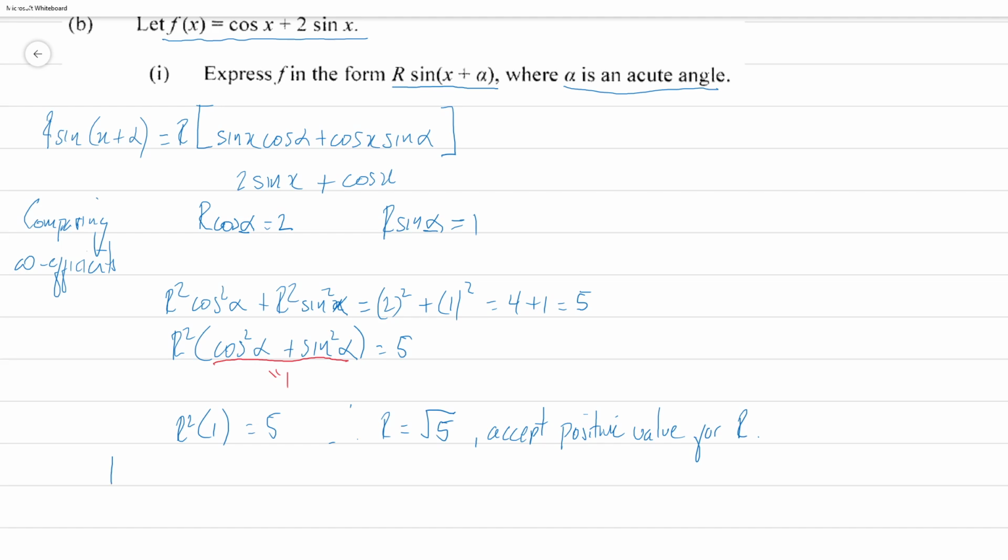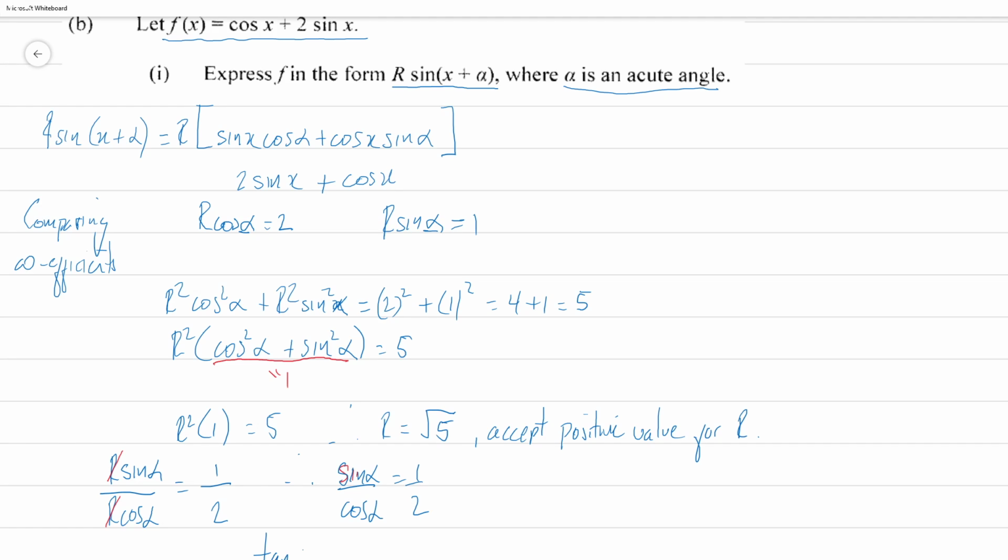So if we say r sine alpha divided by r cos alpha, well, the sine alpha is 1 and the cos alpha is 2. So therefore the r's will cancel each other out. And then you're going to be left with sine alpha over cos alpha is equal to a half.